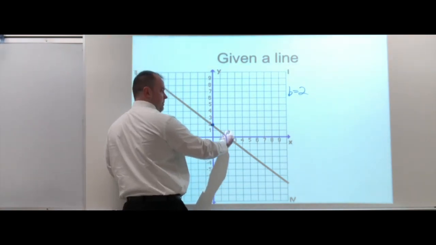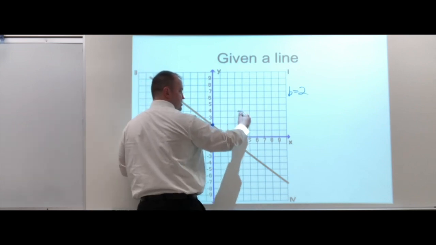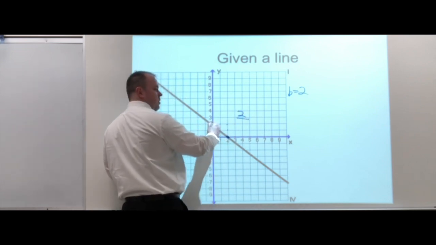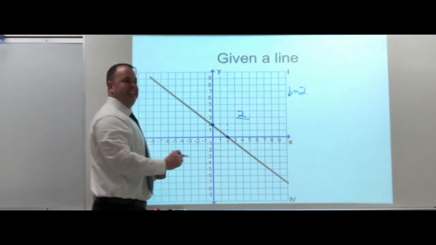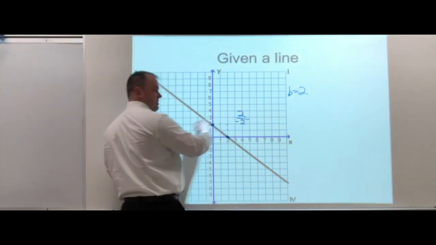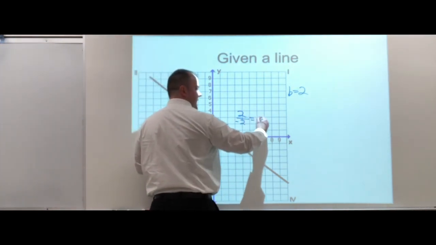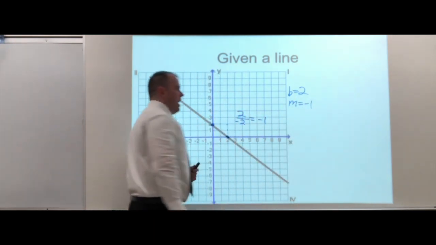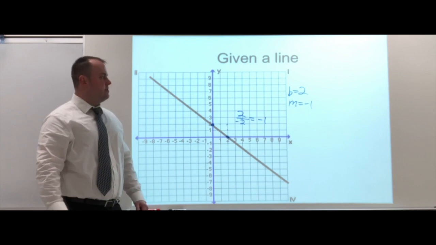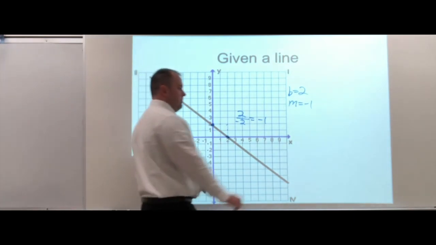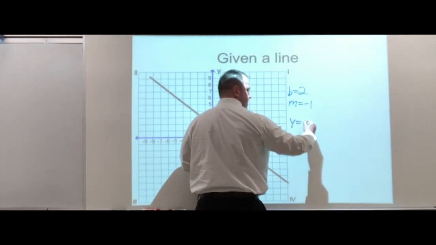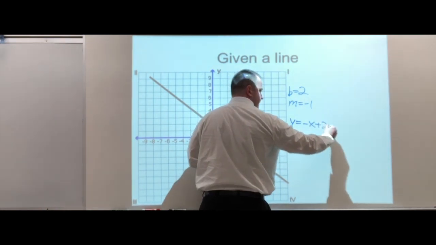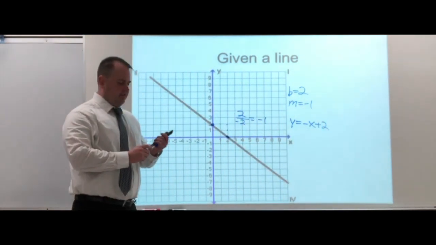Starting at my lower point, 1, 2, so I'm going up 2. 1, 2 to the left, so that's going to be -2, since it was to the left, and that simplifies to -1. So we have our y-intercept is 2, our slope is -1. y equals -x plus 2.